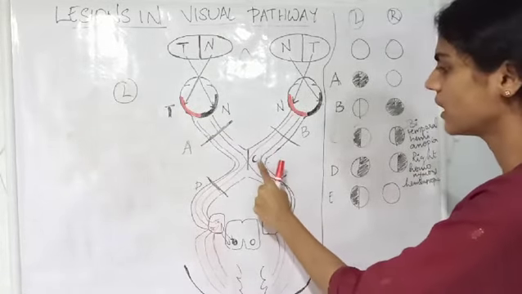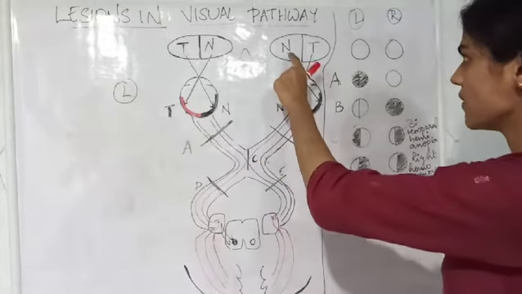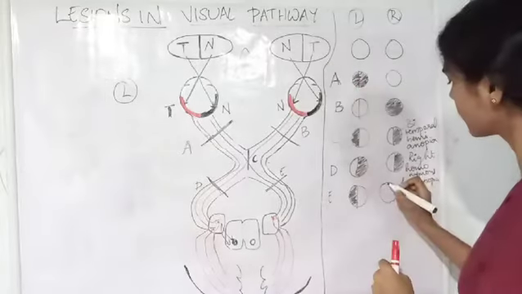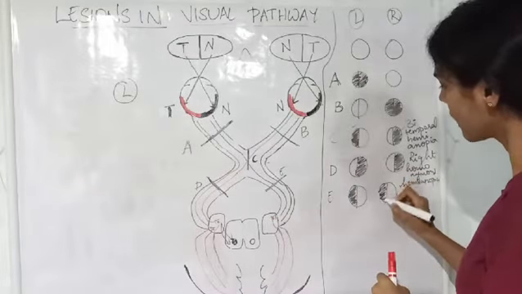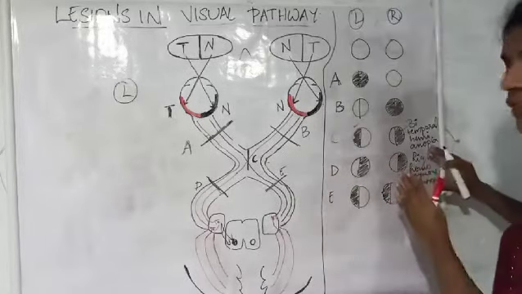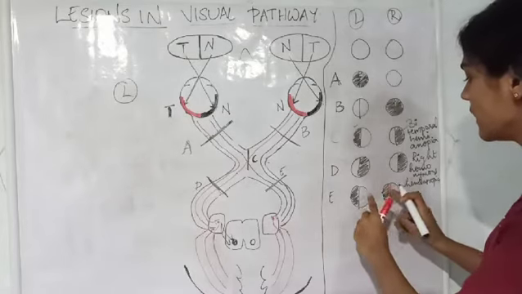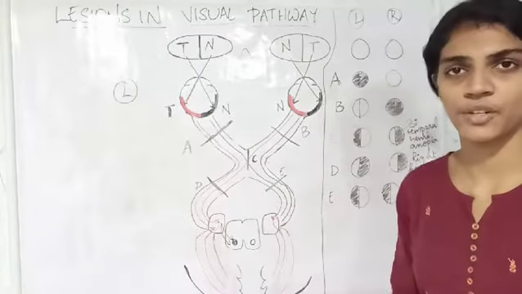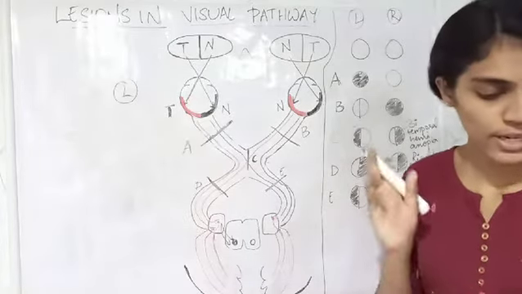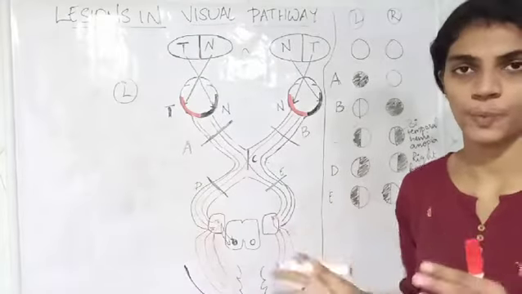And if we follow this nerve fiber, it goes to the temporal and it affects the nasal of the right. And what is this condition called? Just the opposite of the previous one. Here you can see blindness in the right half of the visual field of each eye. So it is known as left homonymous hemianopia.